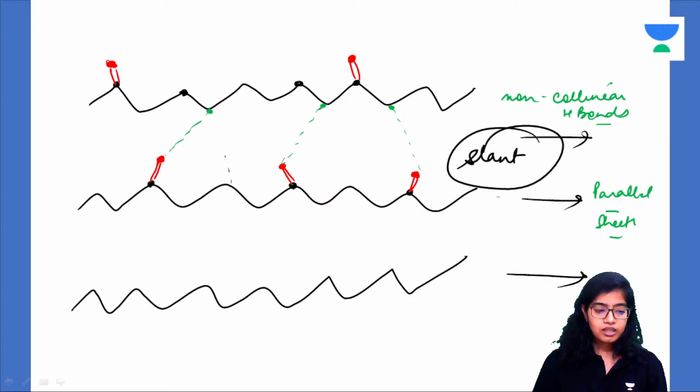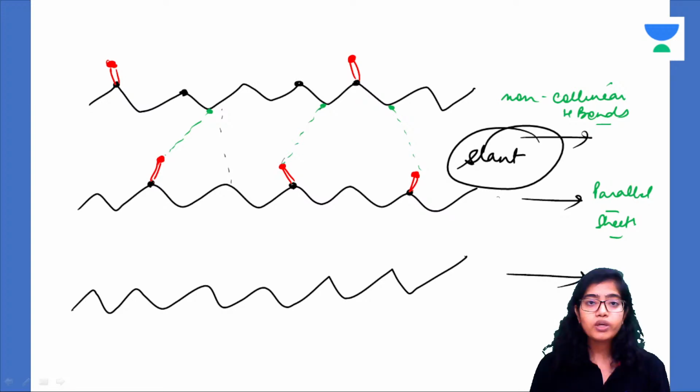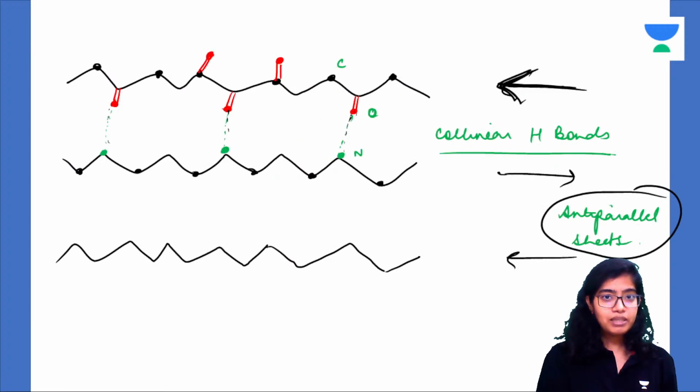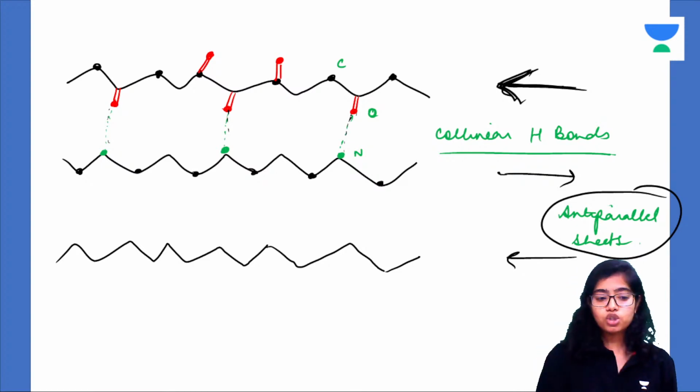Since they are non-collinear hydrogen bonds, this structure is not going to be preferred. Therefore, the structures that occur most in nature are the anti-parallel beta pleated structure and the right-handed alpha helical structure.